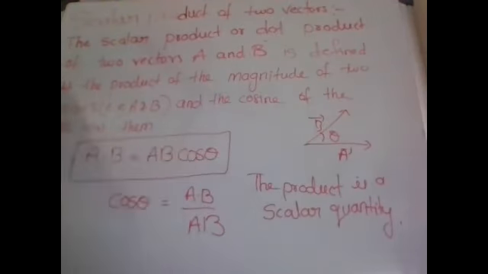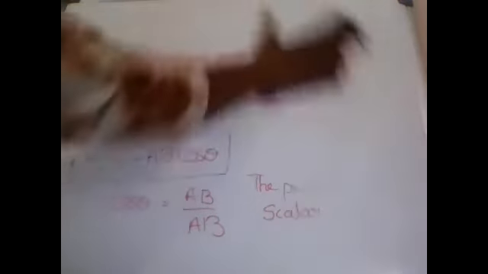The product is negative when theta is between pi by 2 and 3 pi by 2. Dot product A dot B equals AB cos theta.